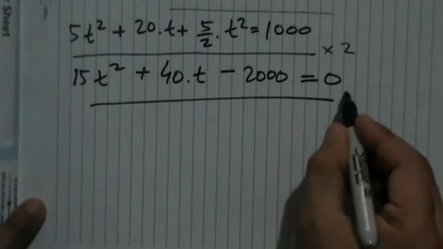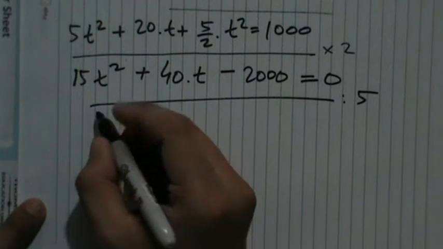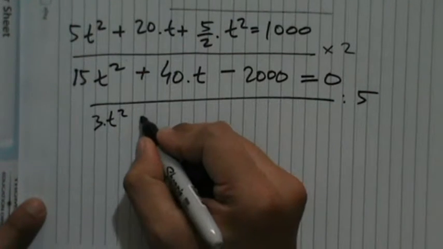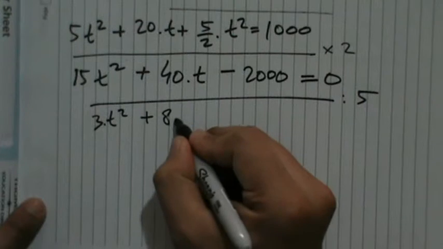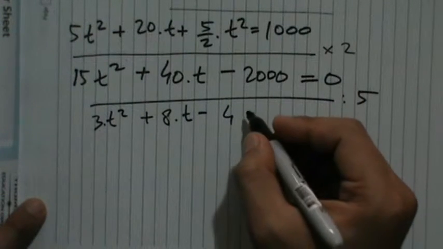And next we can divide by 5. Of course this is just a mathematical problem actually, and you get a quadratic equation.